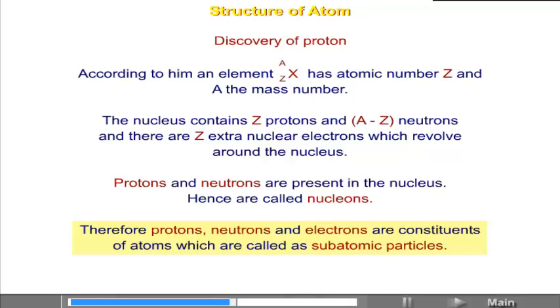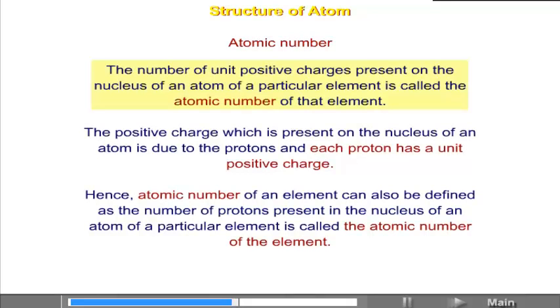Atomic number. The number of unit positive charges present on the nucleus of an atom of a particular element is called the atomic number of that element.